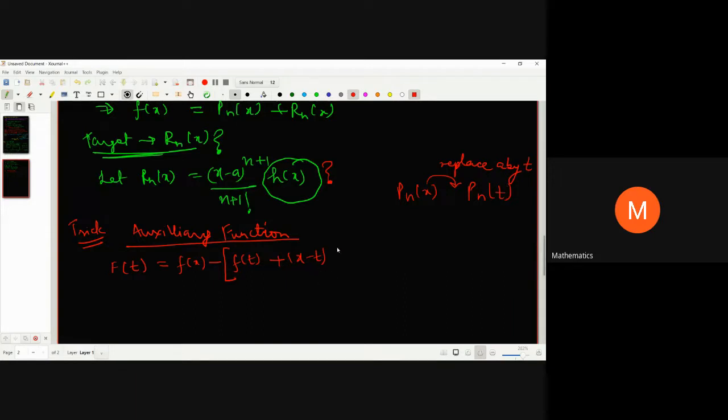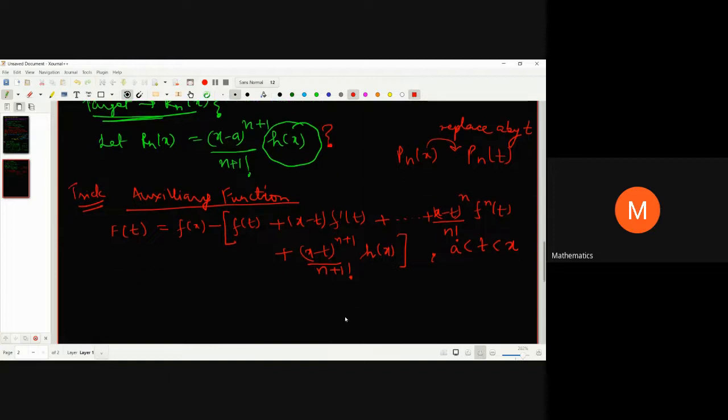So this is what we obtain: (x-t) f'(t) plus ... plus (x-t)^n/n! f^(n)(t) plus (x-t)^(n+1)/(n+1)! times h(x). And this t lies between a and x.